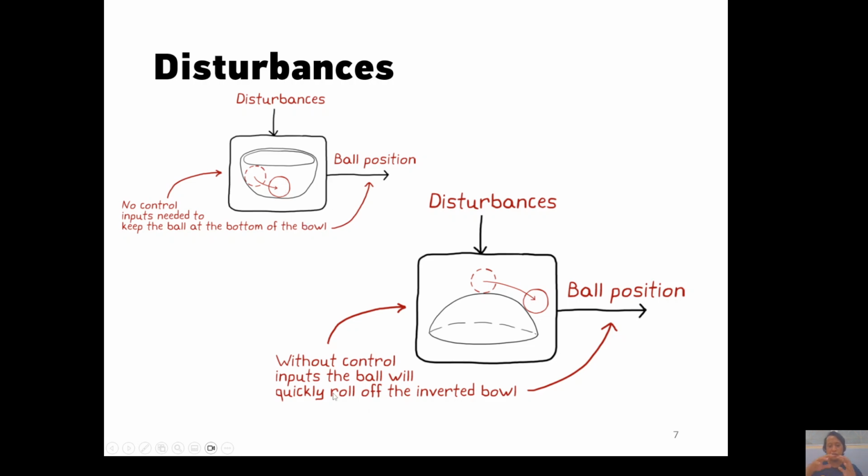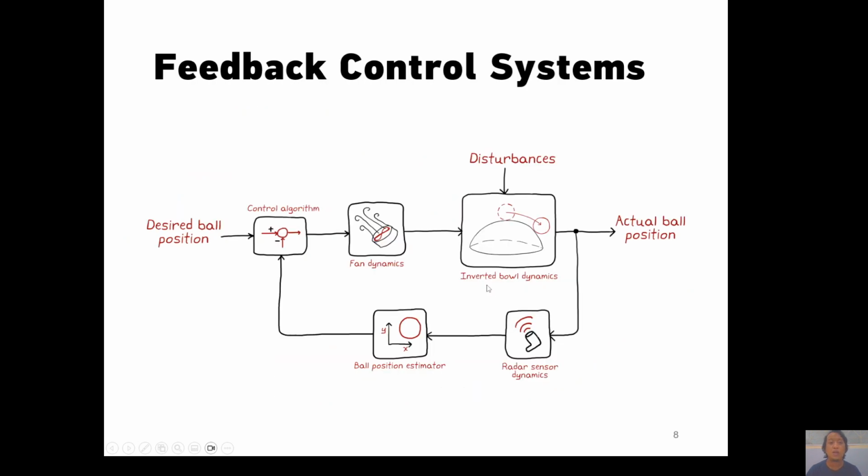But when I invert the bowl and want to put the ball in the middle of it, the ball will fall down, and we cannot set the ball at the center. So we need a feedback control system to keep the ball on the bowl.